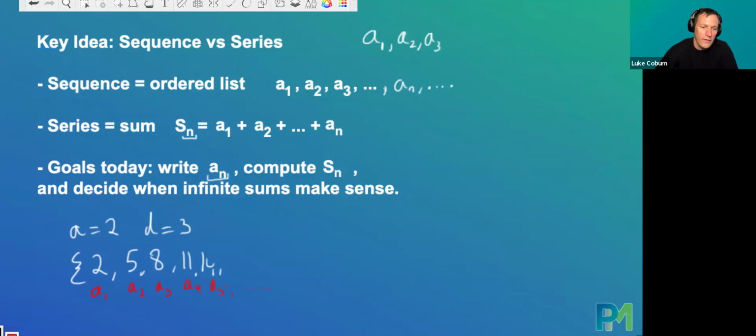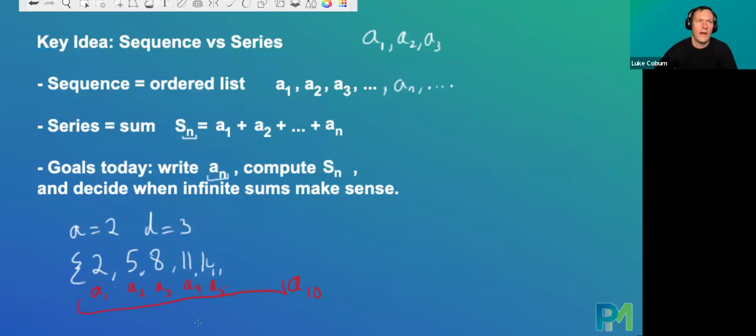Now, what if we want to get up to A10? Using this method, we have to figure out all the ones before A10, right? So if we write out a formula for An, for the terms in the sequence, that only has n in it, then we can jump to any point in the sequence that we want. So 1 could mean day 1, 2 could mean day 2, and so on.